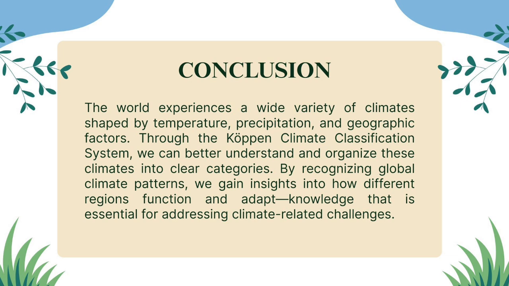So understanding them helps us appreciate how interconnected the planet is and how environmental changes in one zone can ripple across the globe. So together, they remind us of Earth's delicate balance and the importance of preserving its varied ecosystems.